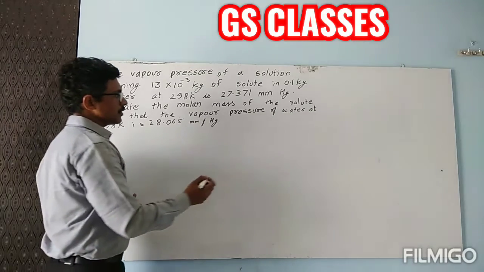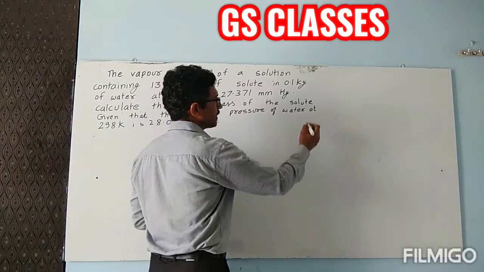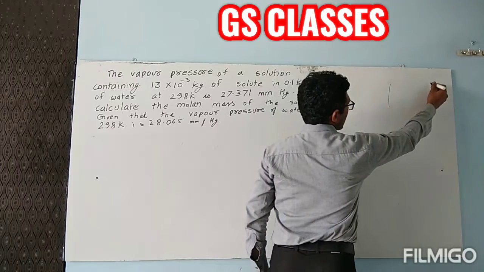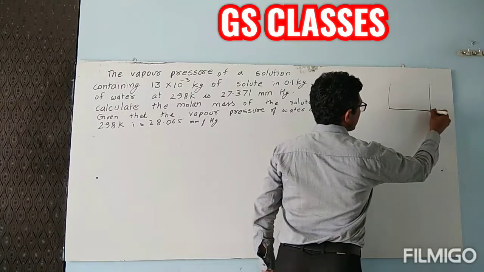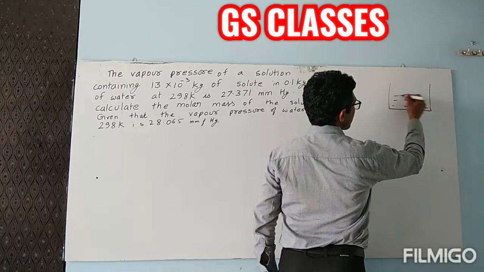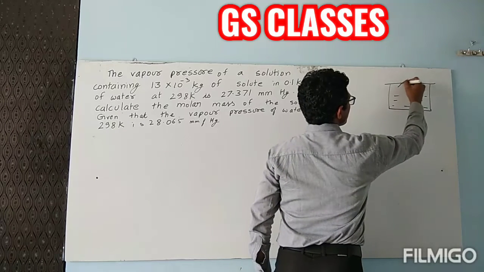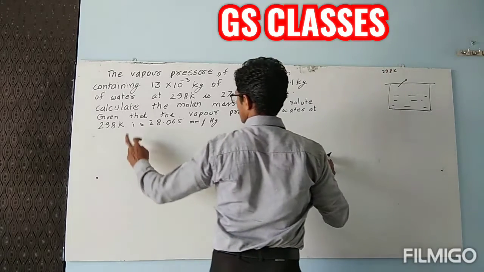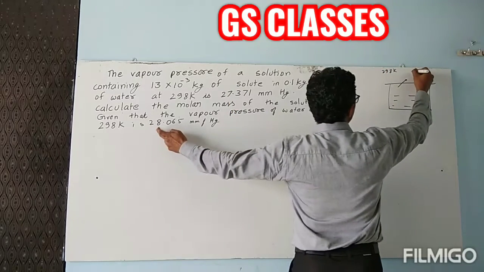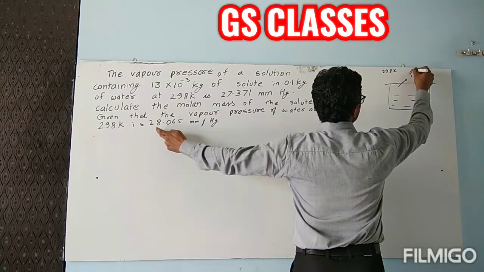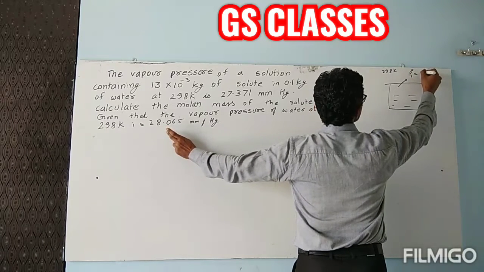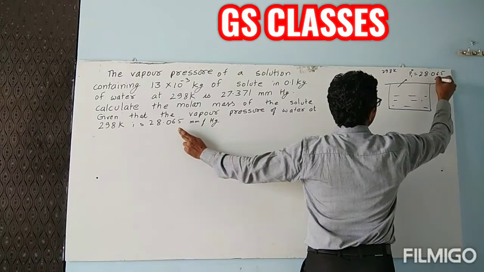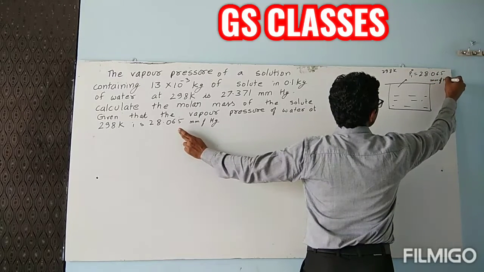Children, in this question, let's try to understand again what they have given. If I am taking pure water and maintaining the temperature at 298 Kelvin, then the vapor pressure of the pure component water is going to be 28.065 millimeter of mercury.